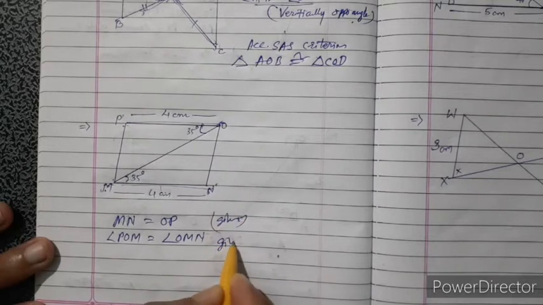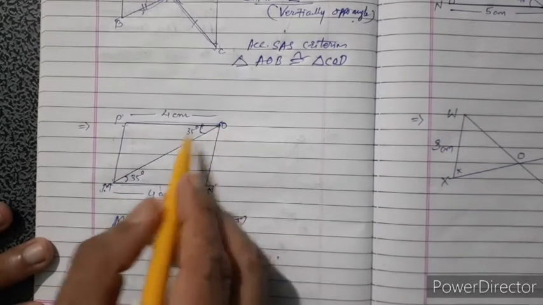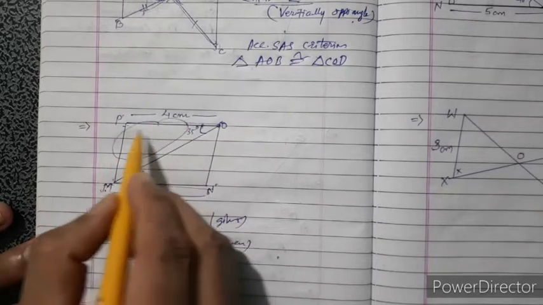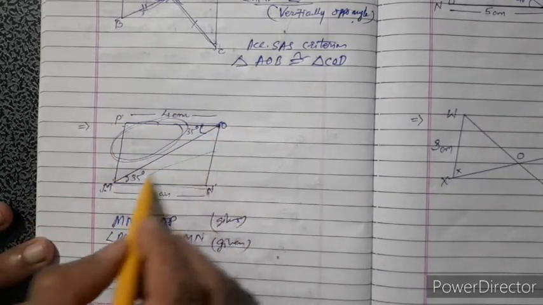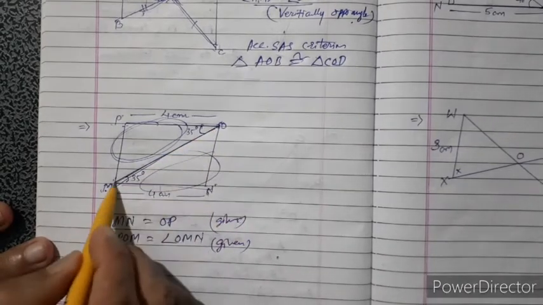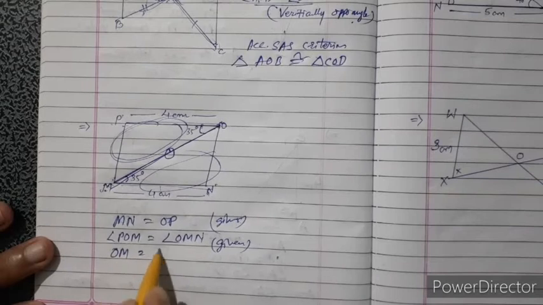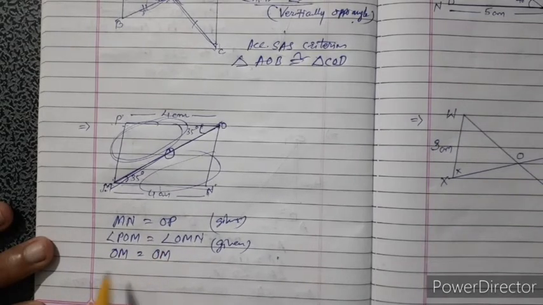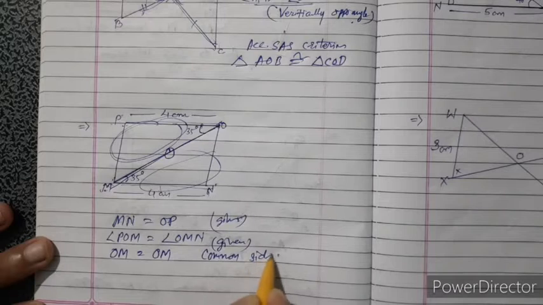Just write down here, given. Now look, in triangle MOP, one triangle, and OMN, second triangle, they have one common side. When the common side is given, you just write down same side here, OM equals OM, because that is common in both. So write down common side.